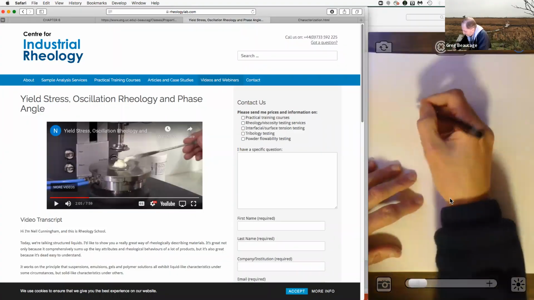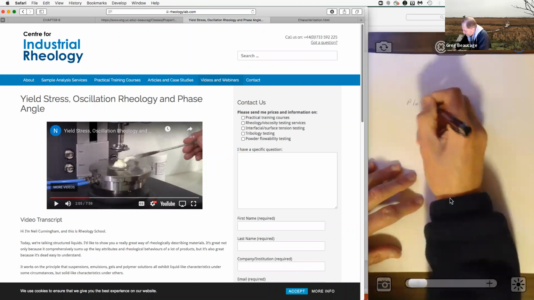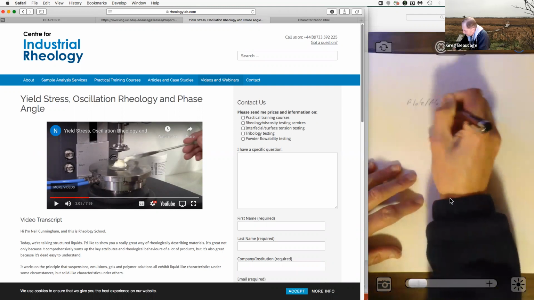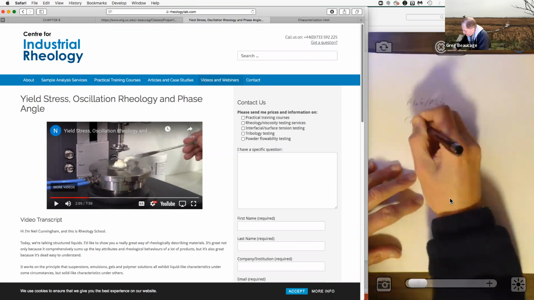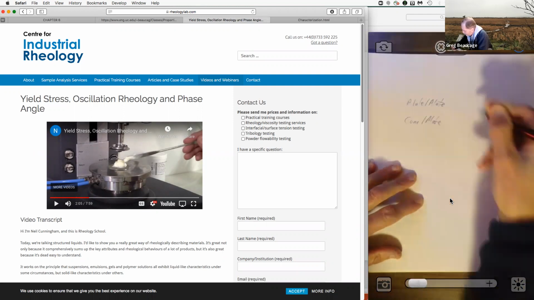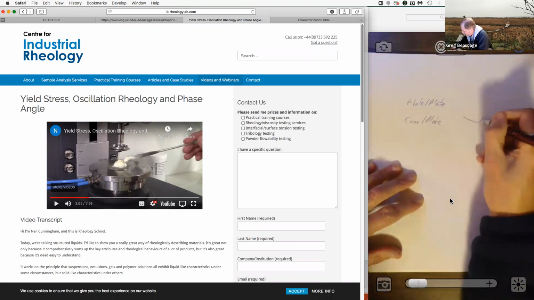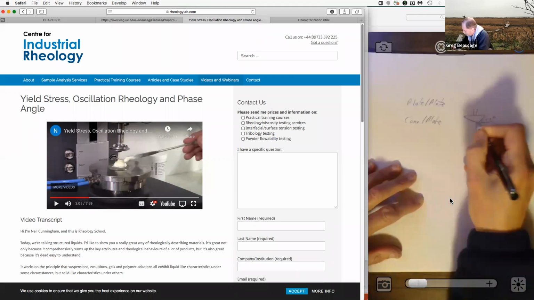So you have a plate geometry, or you can have a cone and plate. The cone and plate is going to have a very weak angle. This angle of the cone on the top is going to be like 1 to 2 degrees, so you wouldn't be able to see it with your eye.